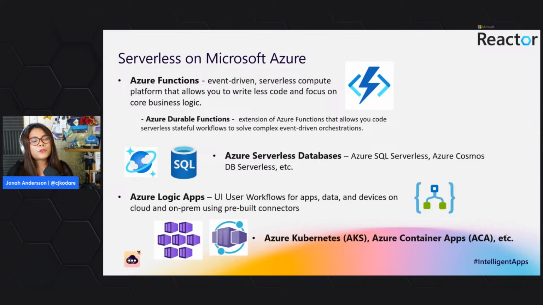But my focus today, since we're talking about Microsoft technology, is serverless on Azure Functions, for example. Azure Functions allows you to build event-driven functions without thinking about the infrastructure behind it, while you focus on developer productivity and business logic.